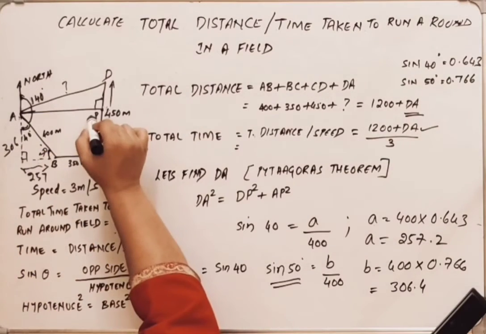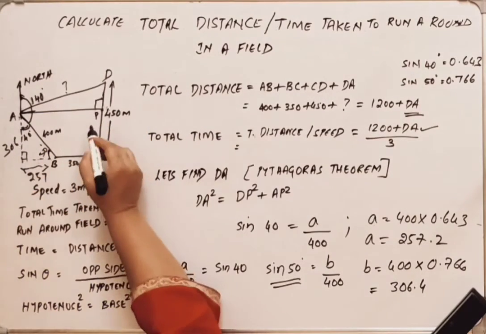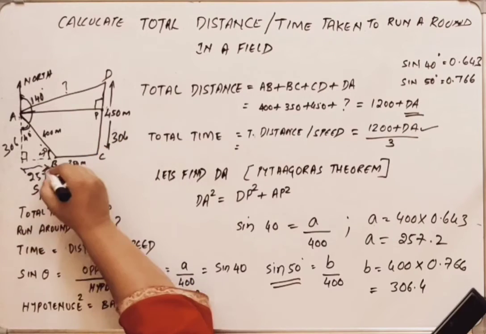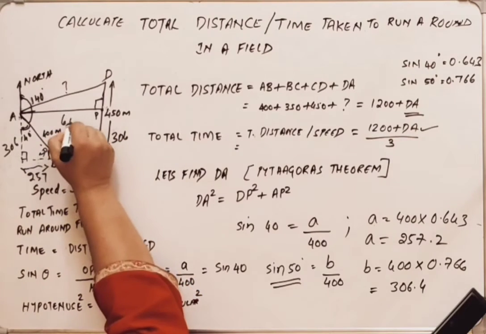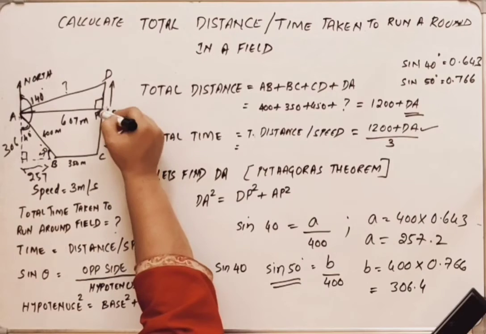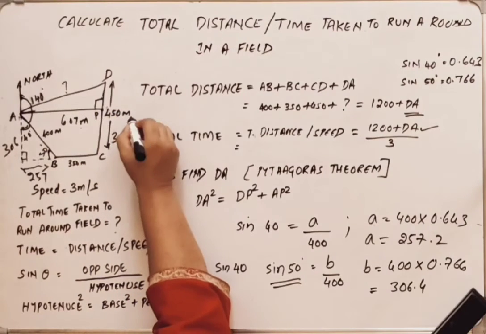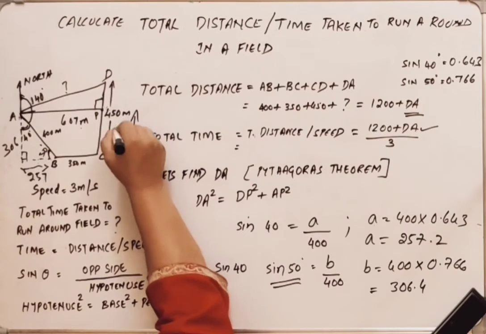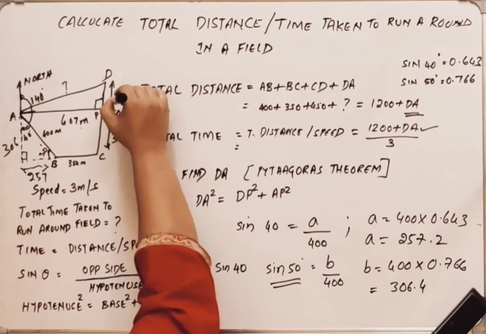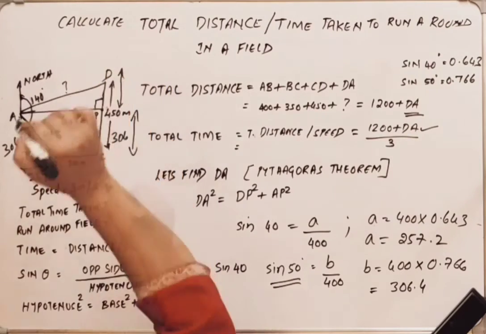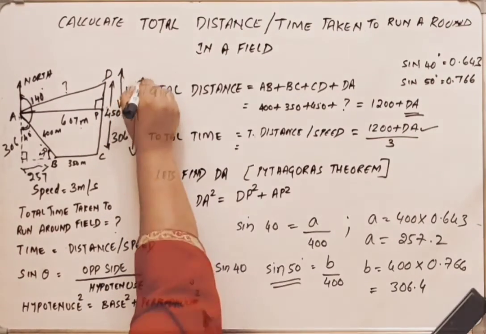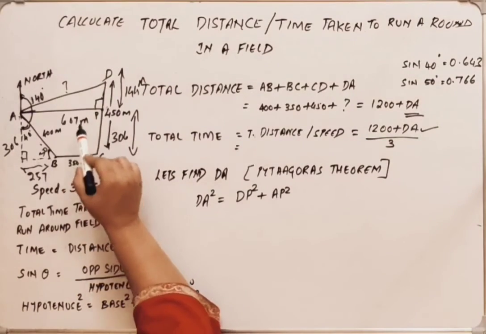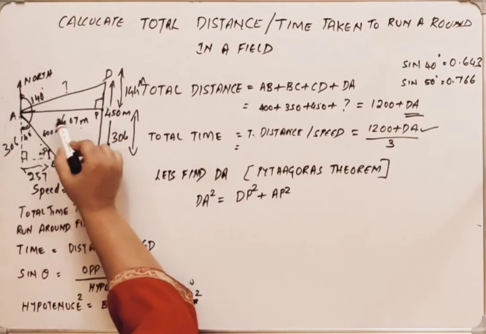This is a rectangle, so this would be 306 and this total length. So we know the length of AP, which is 607. We know this one, this is 306. So the remaining one, 140, would be. Now, using Pythagoras theorem, we know both these sides.